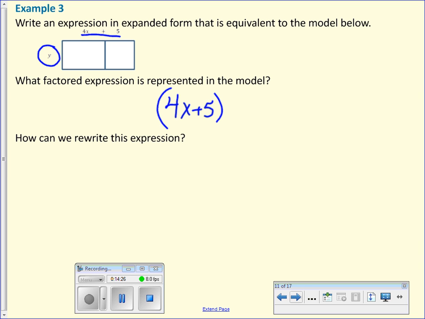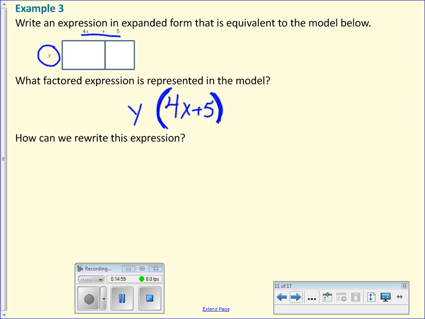Instead of doubling it and putting a 2 on the outside, instead of tripling it and putting a 3 on the outside, I want y groups of 4x plus 5. So what am I going to do? We know how to read these symbols as words. Y groups of: parentheses means of, means multiply. So y groups of 4x plus 5.